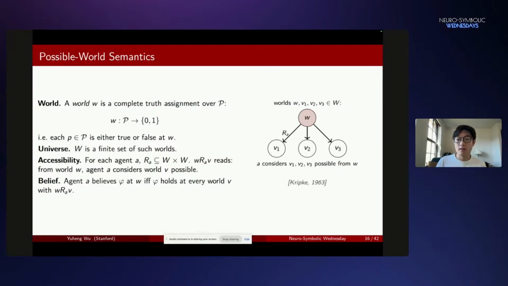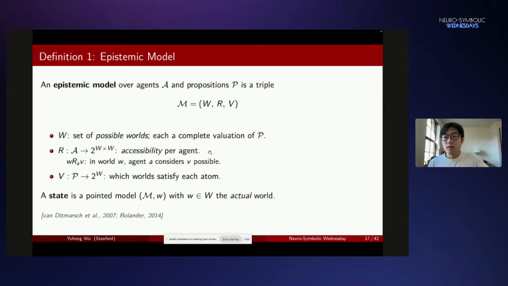Agent A believes phi at world W if and only if phi holds at every world V with W R_A V. This is a little complex, but it is a really important concept in dynamic epistemic logic.